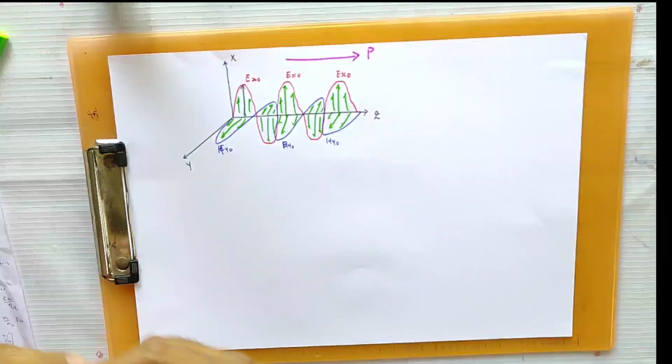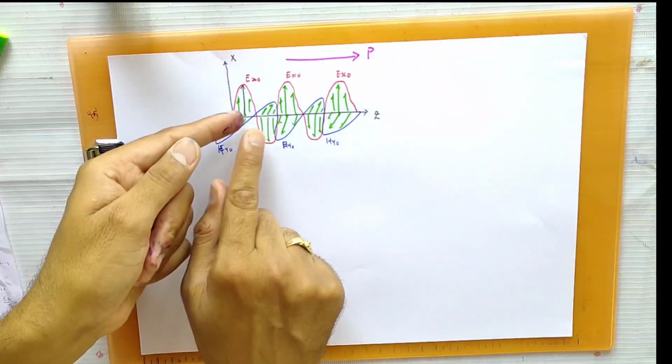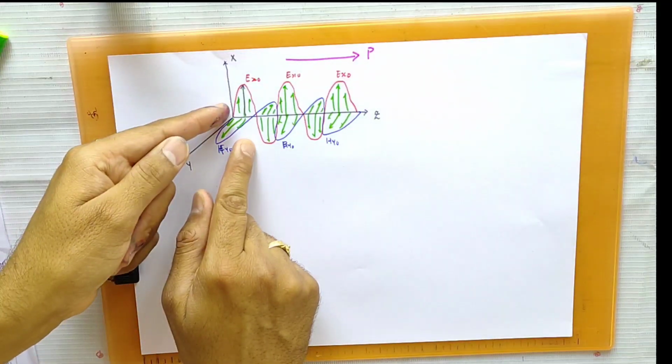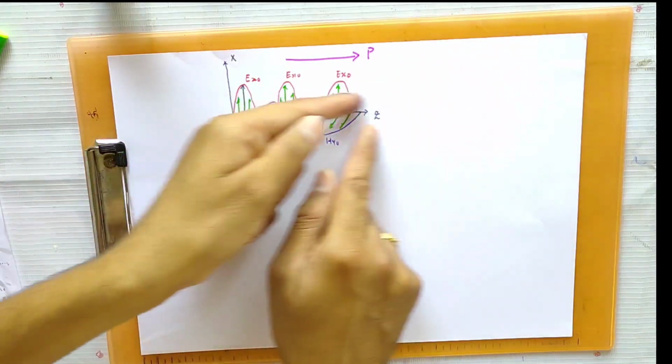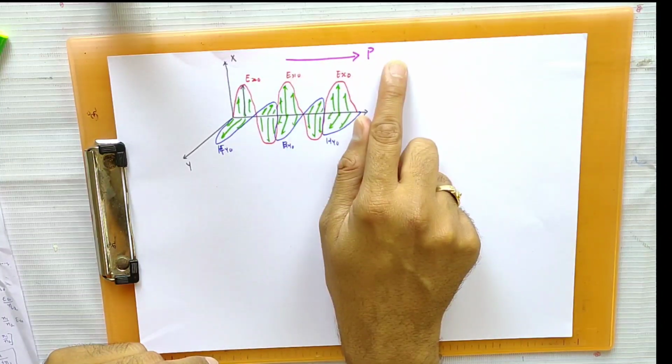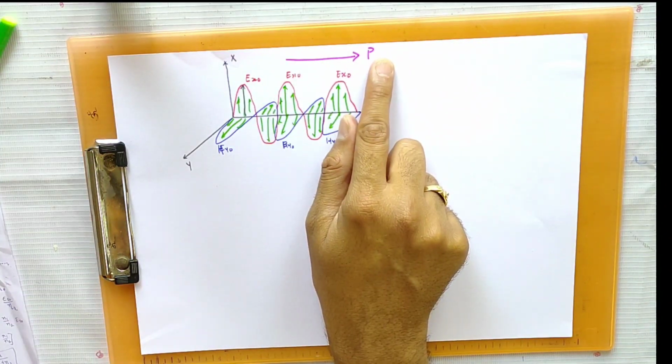Both waves propagate in which direction? In the Z direction. So we can say the power of the electromagnetic wave is also in the Z direction, or the propagation direction is also Z direction.